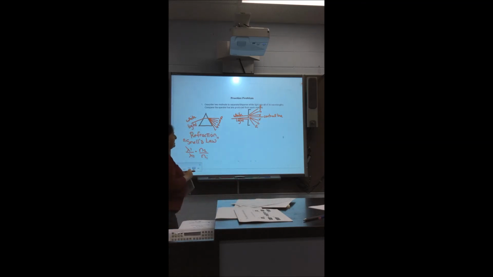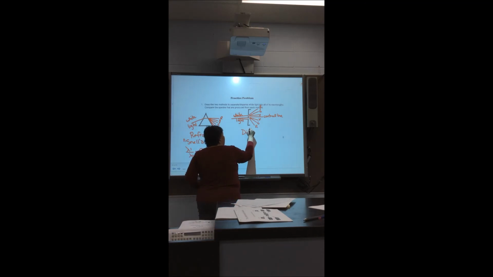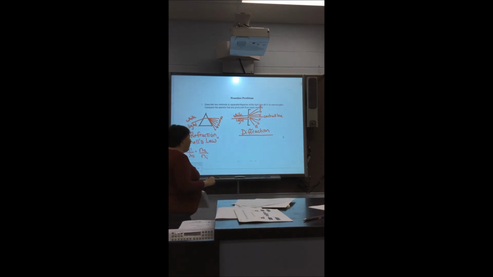Okay, so you notice it still goes in the same color order, R, O, Y, G, B, V, but what we have on the top is we have red bending the least here for refraction, and for diffraction we have red bending most.